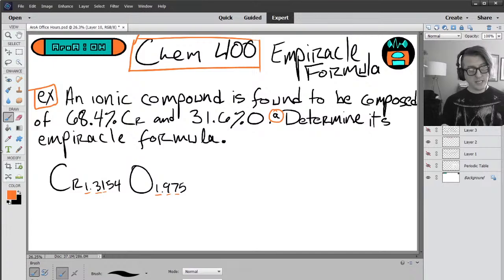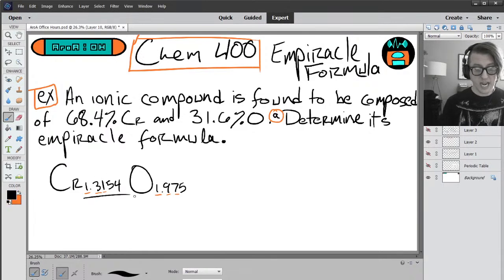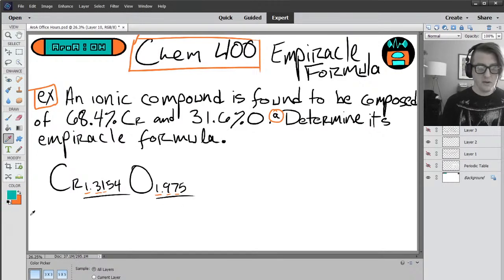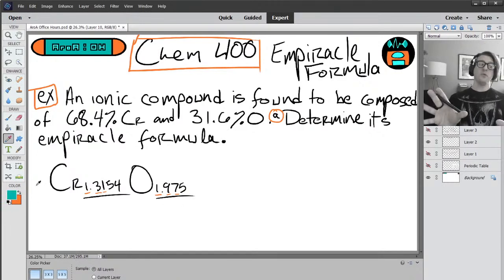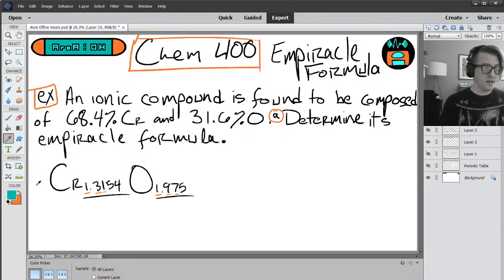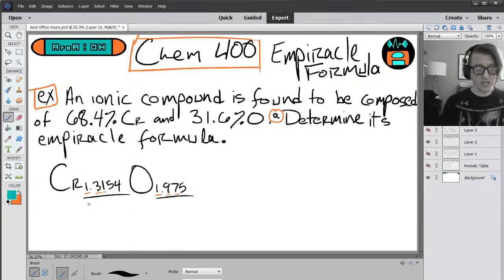The problem is, as you already know, molecular formulas and empirical formulas can only have integer numbers. So we have to figure out what integers go in these subscripts. The first step is to divide both molar quantities by the smaller of the two numbers, 1.3154, because we don't want to mess with the ratio.